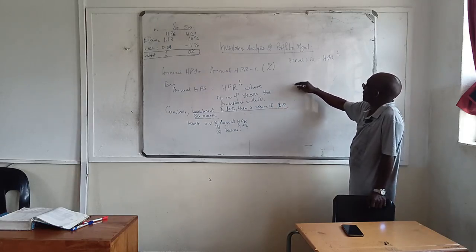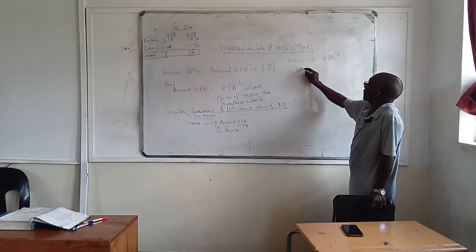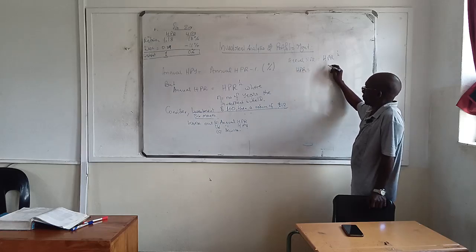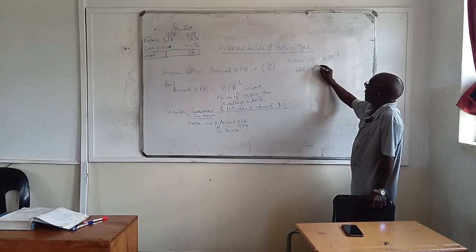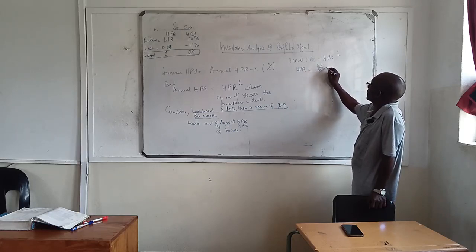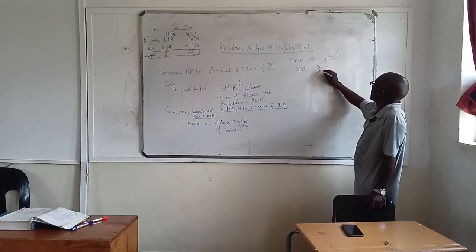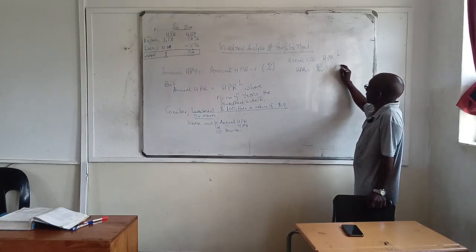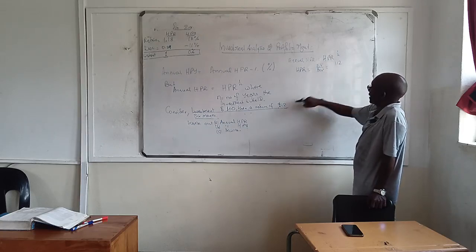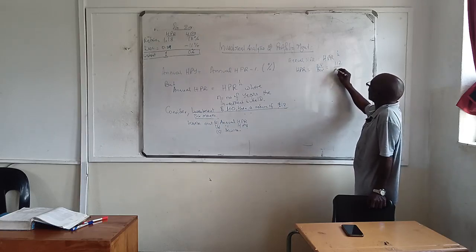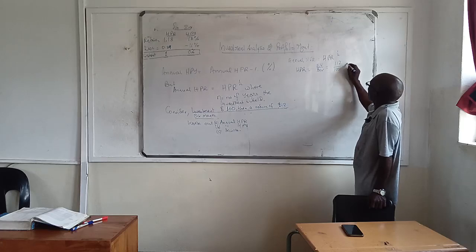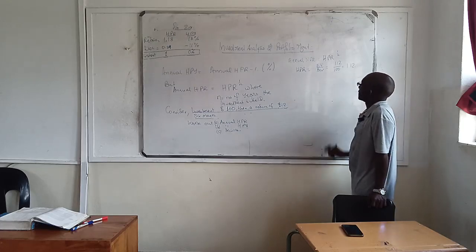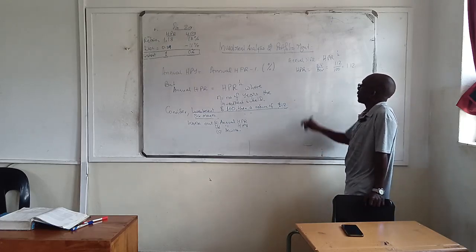HPR is equal to ending value over beginning value. Ending value is going to be 112, because you're adding it there, divided by 100, and this gives you 1.12. That is HPR.